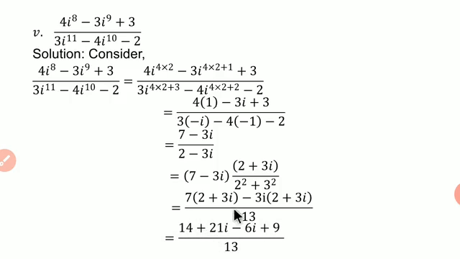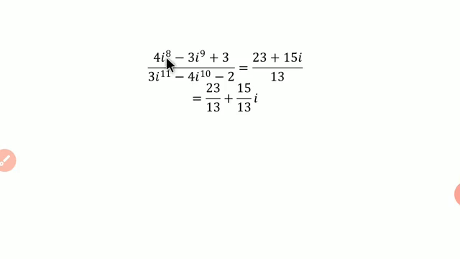It is equal to 14 plus 21i minus 6i plus 9, because here minus 3i into 3i is minus 9i square. But the value of i square is minus 1, so minus minus becomes plus 9. Now 14 plus 9 is 23, and 21 minus 6 is 15. So here we get 23 plus 15i divided by 13.